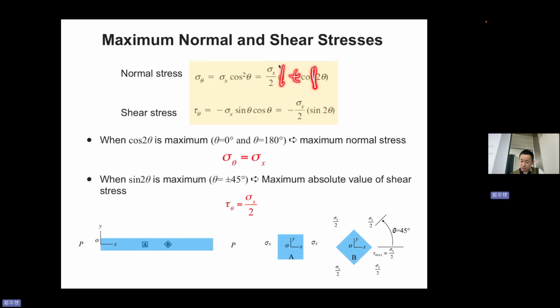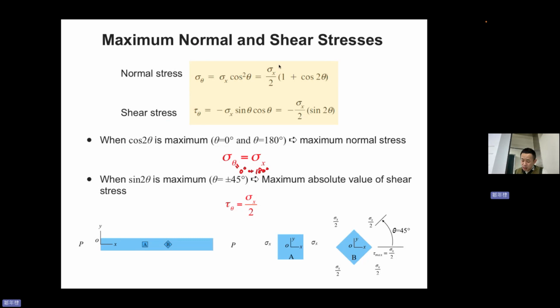So 1 plus 1, divided by 2. Sigma theta maxima is sigma x itself. So when theta equal to 0 degree or 180 degree, it will make it maxima and equal to sigma x itself. Of course, when theta equal to 0, it is sigma x, right? What is 180? The other direction, right? So totally makes sense, right?